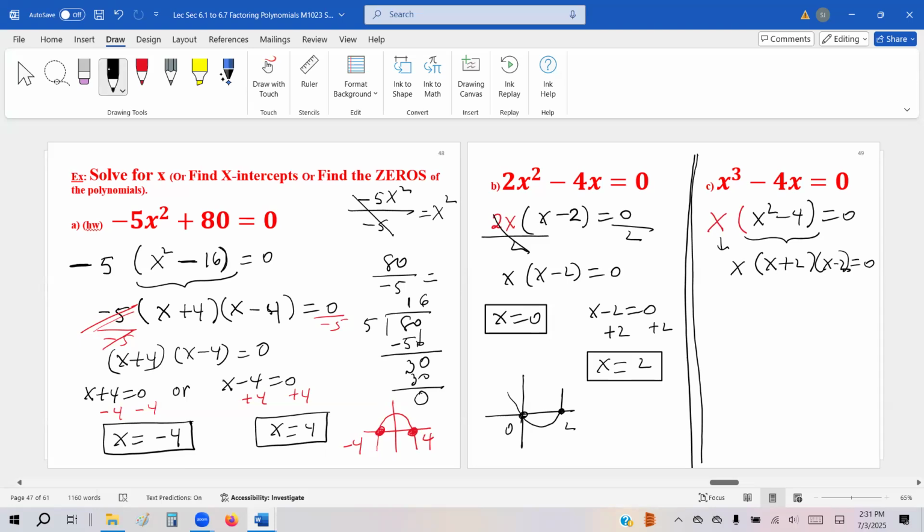So how many times do we have to set them equal to 0? 3 times. What's the first one? X equals 0. And we are done because x is already alone. Go ahead, tell me, what do you want to tell me?